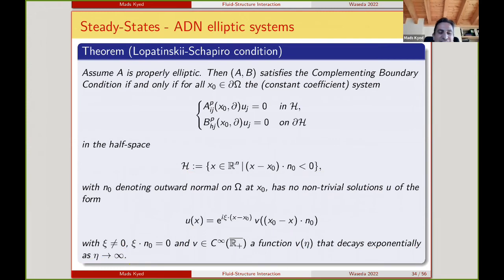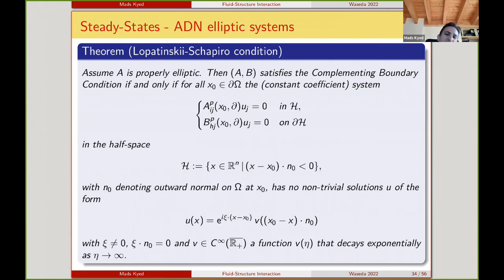In this case the condition is met, and the statement of the theorem is that your elliptic system satisfies the complementing condition. Okay. This is a much nicer condition to verify. And again, I remember I told you that the complementing condition appears quite naturally when you read the proof, because it has to do with the half-space problem.